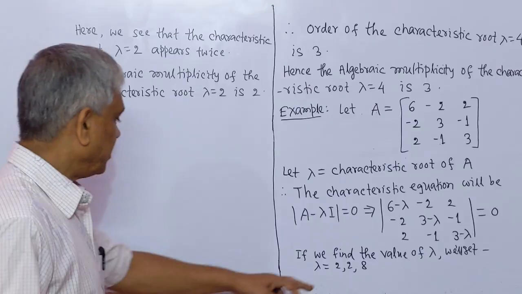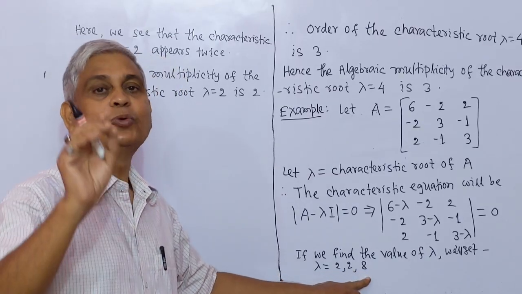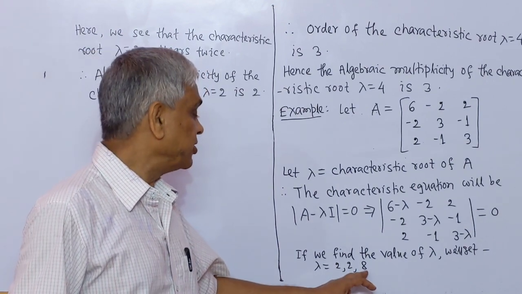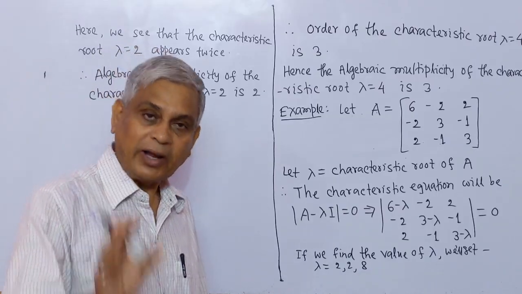Here we see that the characteristic root 8 appears once. So the algebraic multiplicity of the characteristic root lambda equals 8 is 1.